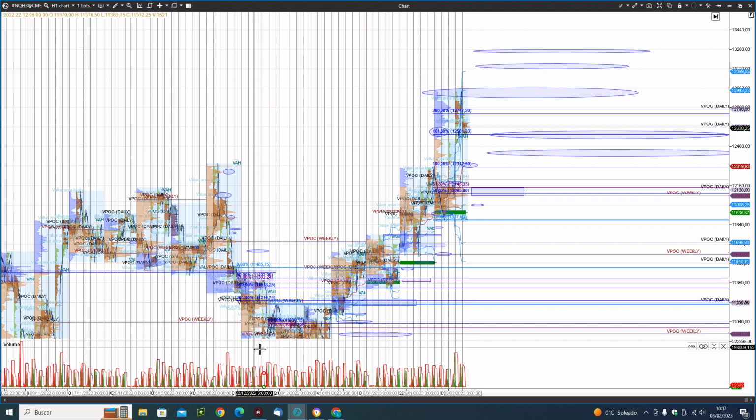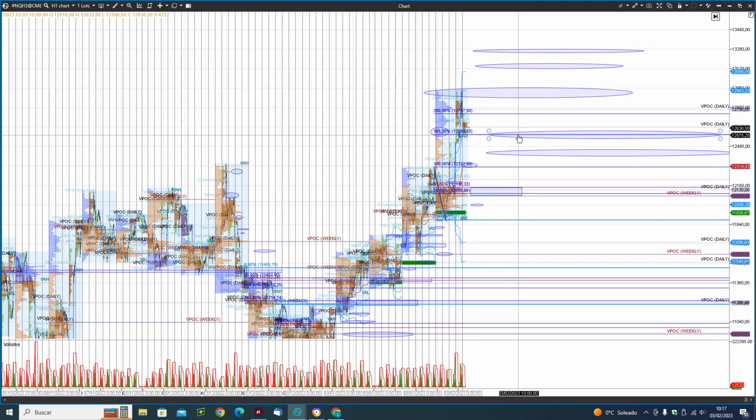Okay, we almost have touched this point, this high volume node. Next step will be this point, 12,425. Next step, this price action zone, very important. 2 points where here the price rejected, then the price rose and broke this price action zone, but let's mark it because it's very, very, very important, this point.